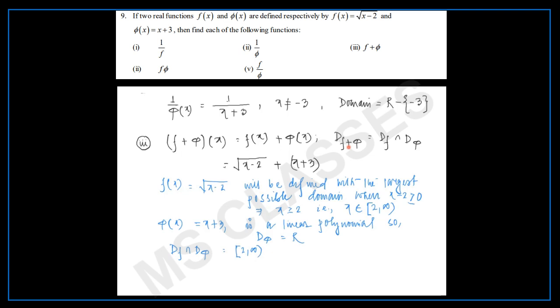So we can say, therefore, the domain of f + phi equals [2, ∞).